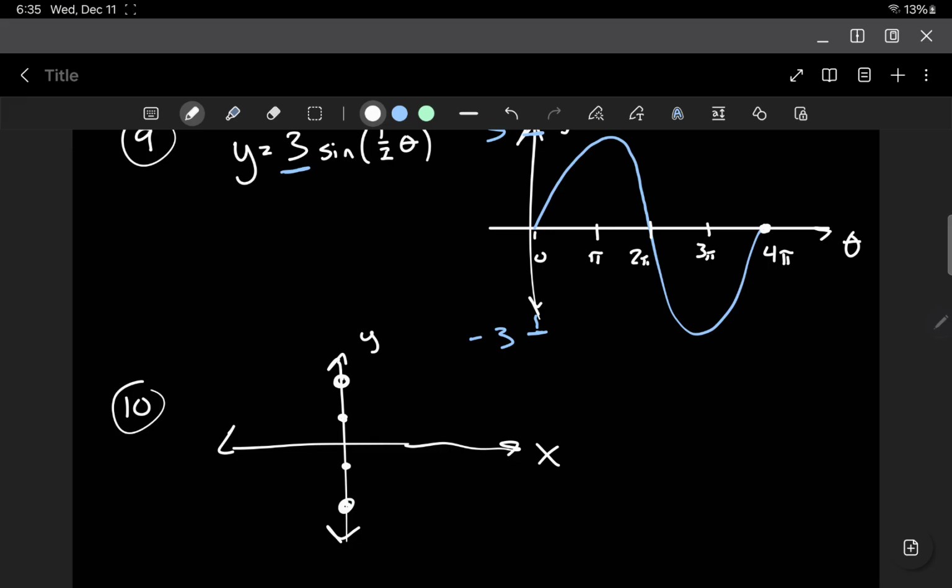So everything gets filled in over on this side because we are moving counterclockwise. So we start at pi over 2 up here, and then we move out to 3 pi over 2, which is -y.